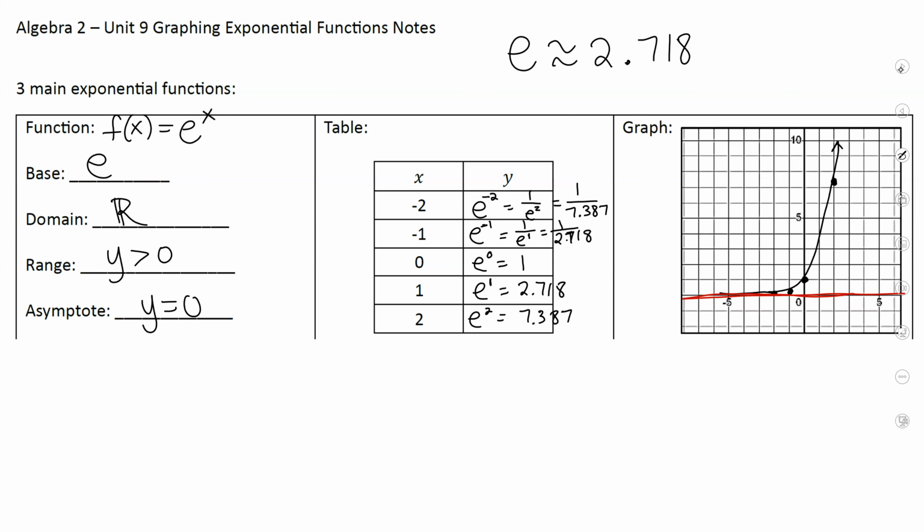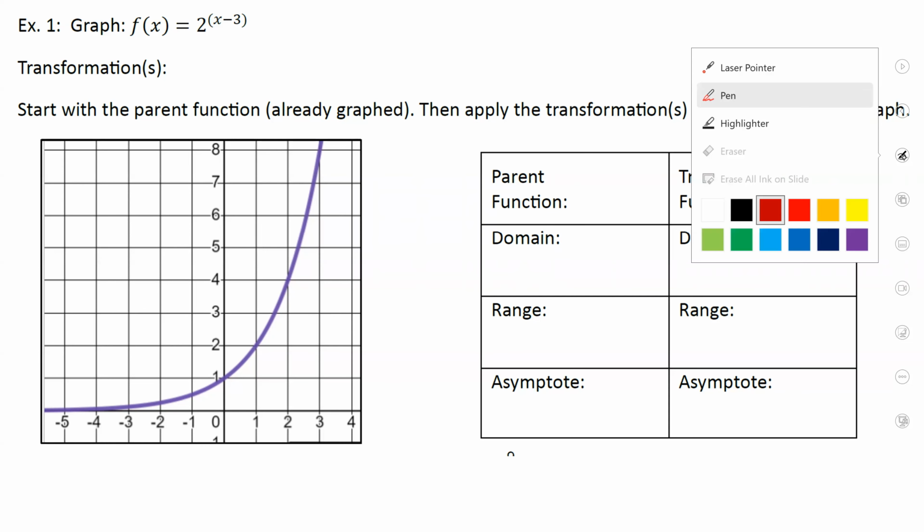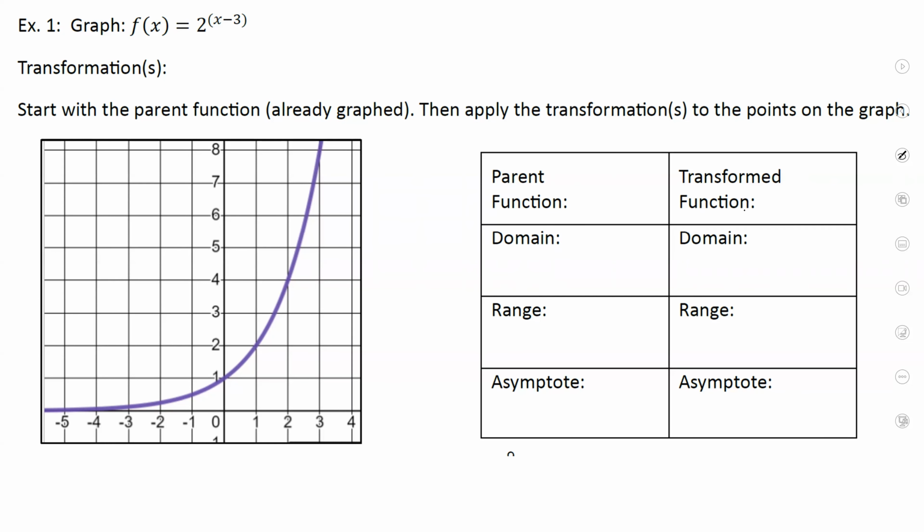Now we're going to do transformations. Okay, so guys, the parent function is already graphed. We just graphed it. It's right here in purple. The transformation that they gave us, what happened to this equation here? Yes, it went to the right 3. Everyone write that down. It went to the right 3 spaces. So guys, let's just plot some points here.